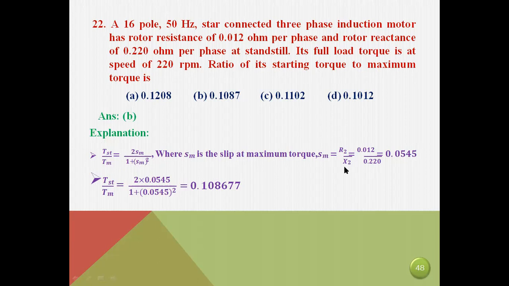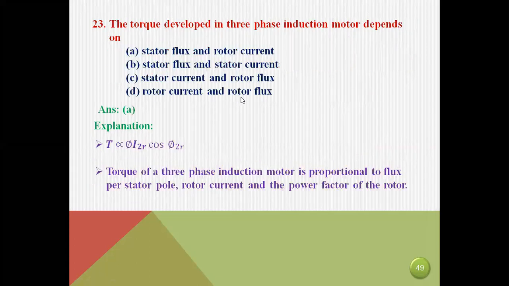So you can calculate slip as R2 upon X2, which we have already seen. And starting torque upon maximum torque is 2 into maximum slip upon 1 plus maximum slip square. Maximum slip we can calculate. If you solve this, you will get that ratio as 0.10867, so you can write 0.1087. That is the correct one.